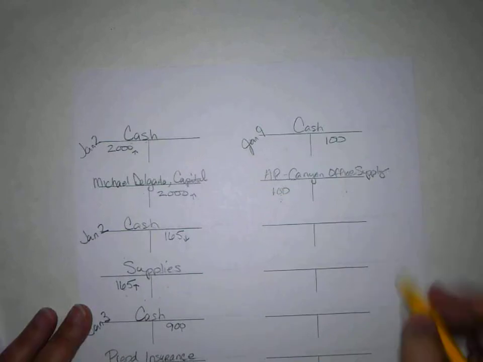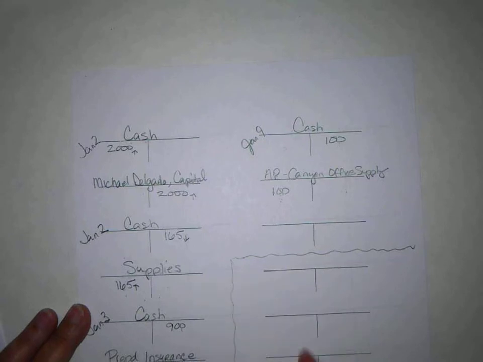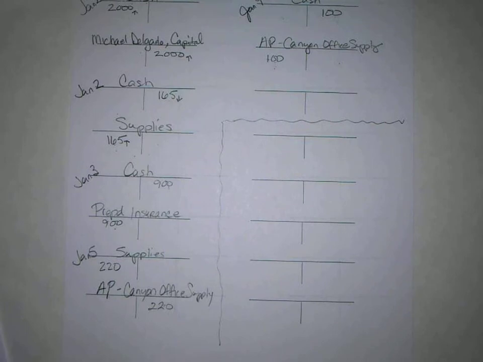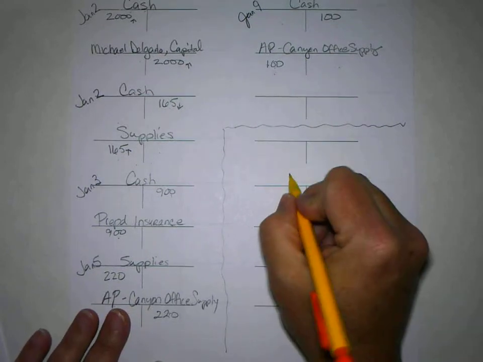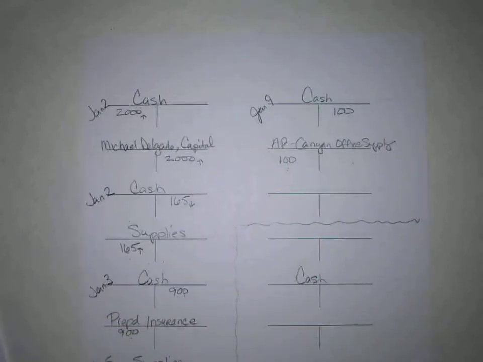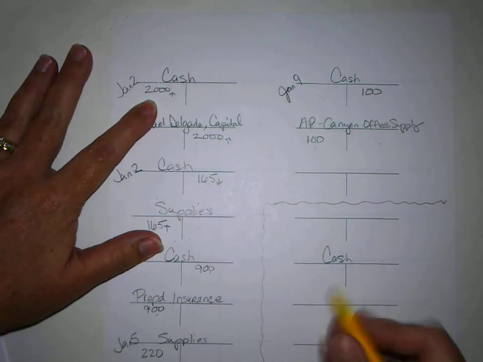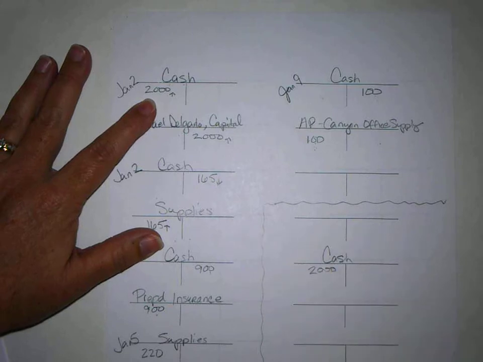Okay? All right, so what I want to do is show you how this works when we use the same account. So we're just going to quarter off this little section over here. And we're just going to talk about the cash account because we used it multiple times. All right, so here we started off with a $2,000 cash debit.